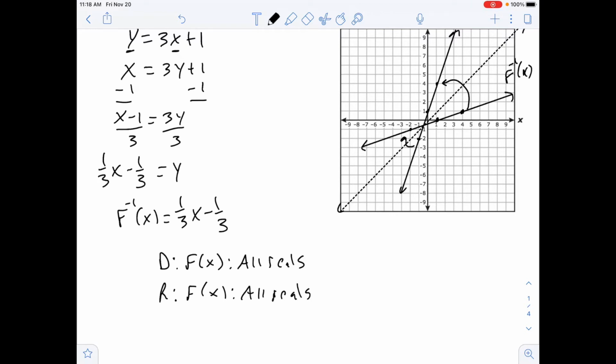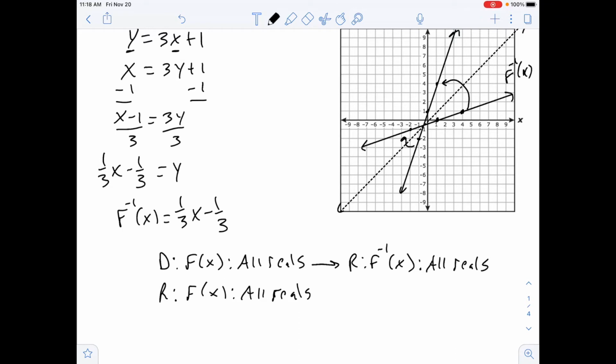Now, this is not the best example to discuss domain and range of inverse functions, but what you're going to see is that the domain of the original function f of x is actually going to be the range of the inverse. Now, in this case, everything is all reals. You'll see in other examples, it'll be more clear.